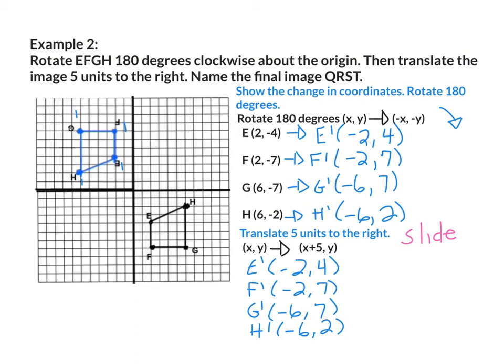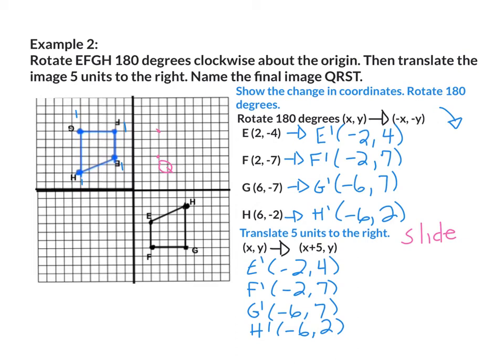So I'm going to take point E prime and move 5 units to the right. So 1, 2, 3, 4, 5. And I'm going to label that Q. Now F prime, I'm going to move 5 units to the right. So 1, 2, 3, 4, 5.